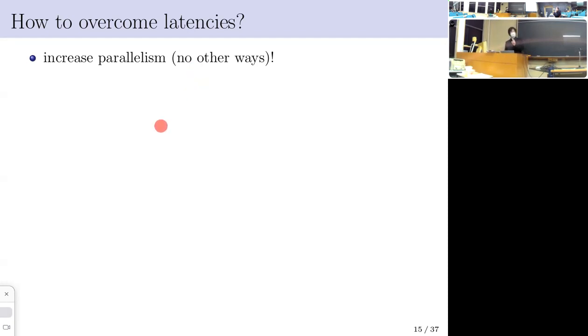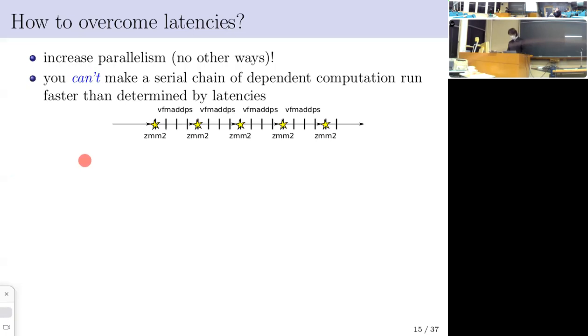The only way you can increase the overall performance is to increase parallelism. You cannot speed up a serial chain of dependent instructions whose execution time is determined by the latency.